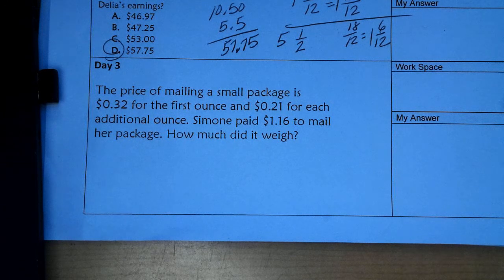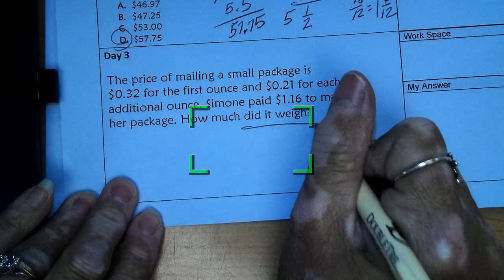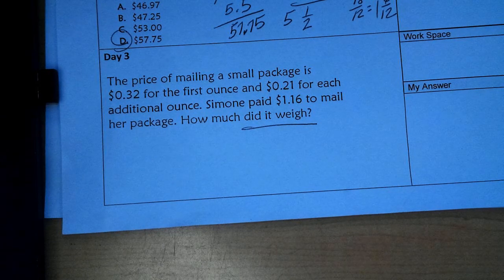The price of mailing a small package is 32 cents for the first ounce and 21 cents for each ounce after that. So if it costs $1.16 to mail the package, how much did it weigh? Hold up, calculator time. So what do we need to do?